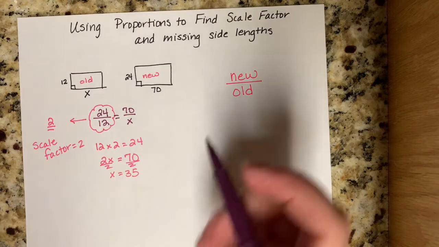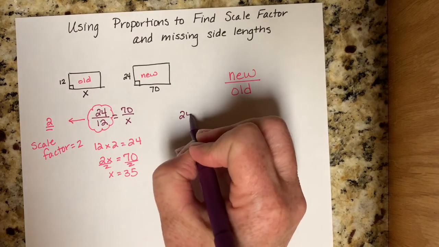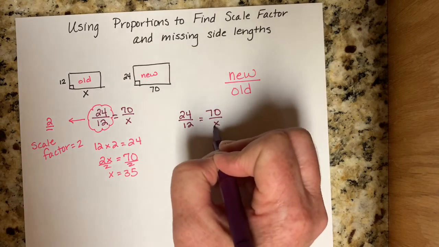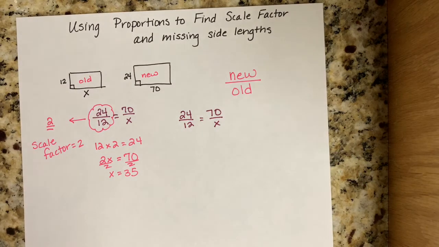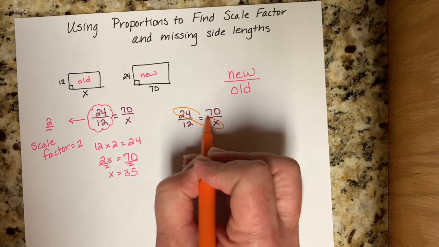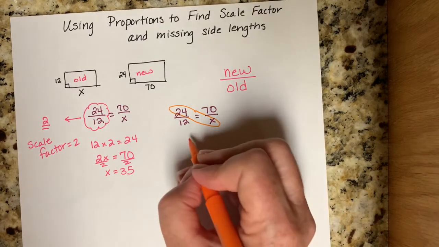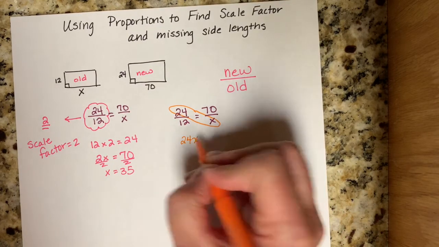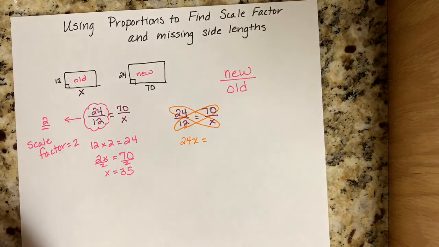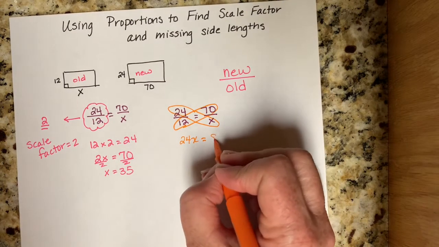Another way is to go back and take a look at that proportion that I created and do what's called cross multiplication. Cross multiplication is when you multiply the numerator of one times the denominator of the other, and the denominator of the one times the numerator of the other. So 12 times 70 is 840.